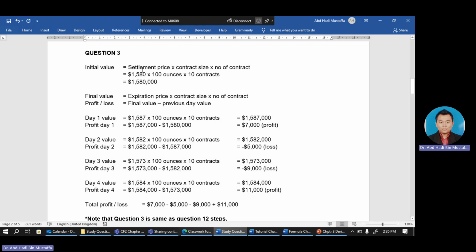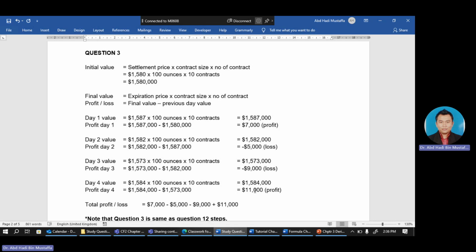So having a settlement price, having an expiration price, you need to calculate profit for each day. And then you see how to calculate profit and loss. That means an accumulation of profit and loss for each day. Setiap hari, plus this one is loss, therefore you need to minus. Loss means you need to minus.